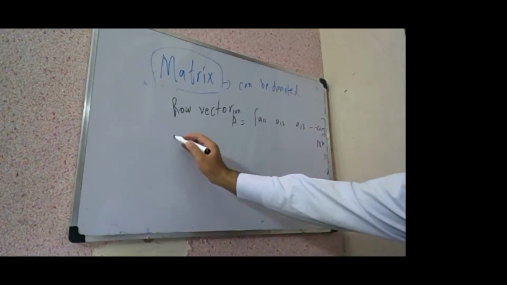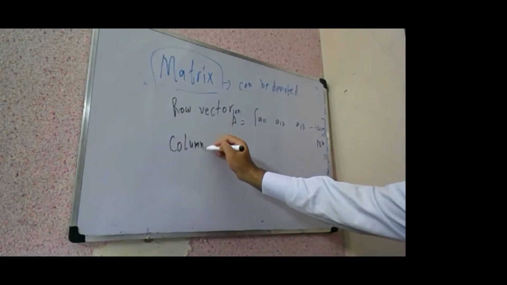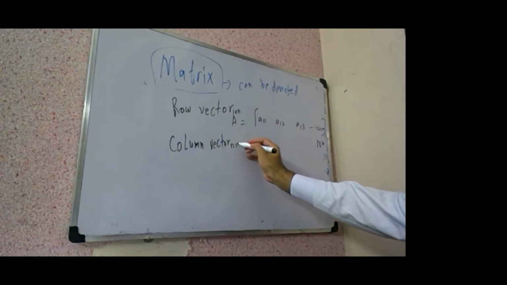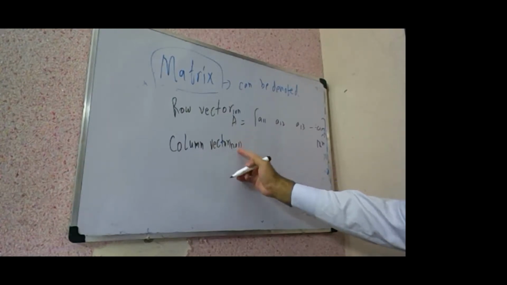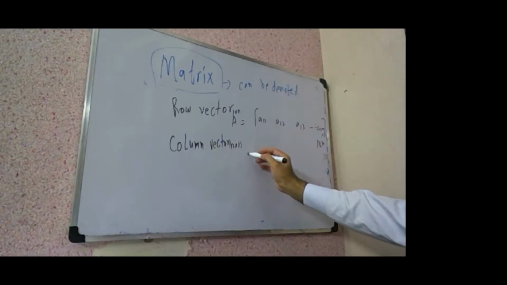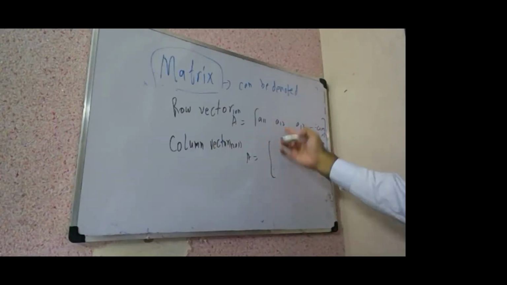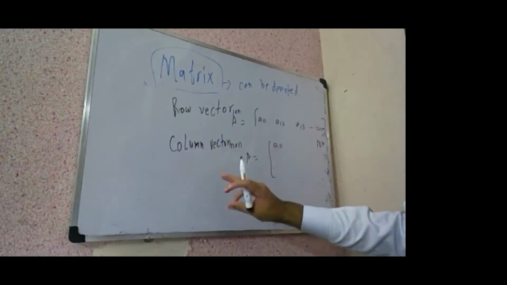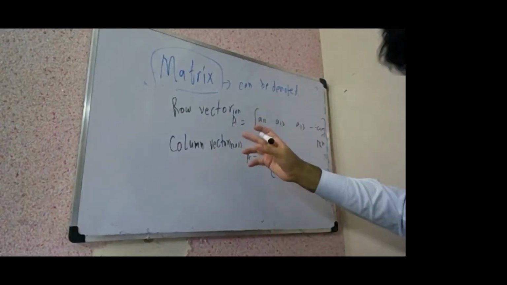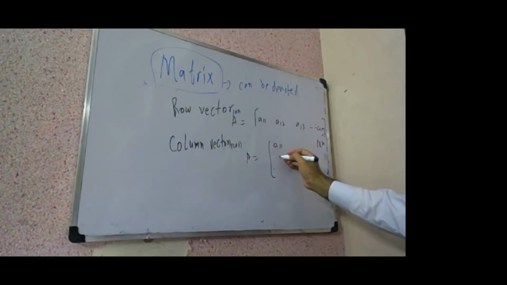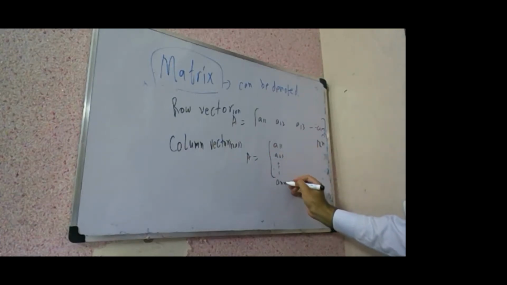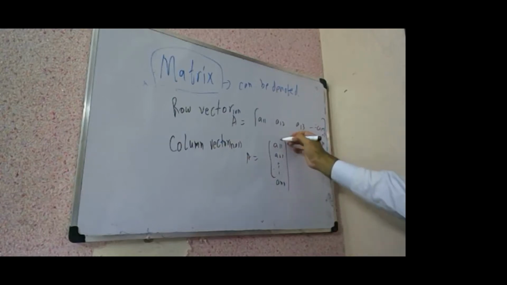Similarly, we have a column vector. So what is the column vector? It should be n times 1. That's the dimension I'm telling you. The column vector will be the transpose of the row vector. Transpose means changing rows into columns and columns into rows. So A11, A21, so on, An1. Remember, this is row, this is column.